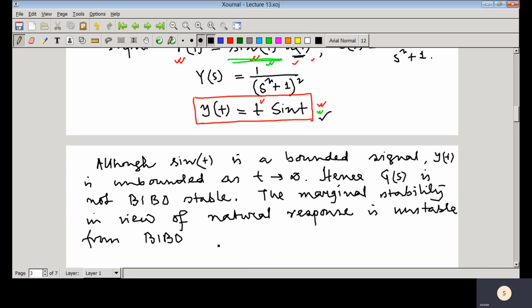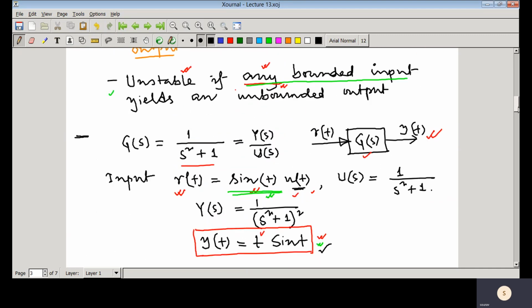So this is very important. That means suppose a system is given to you.